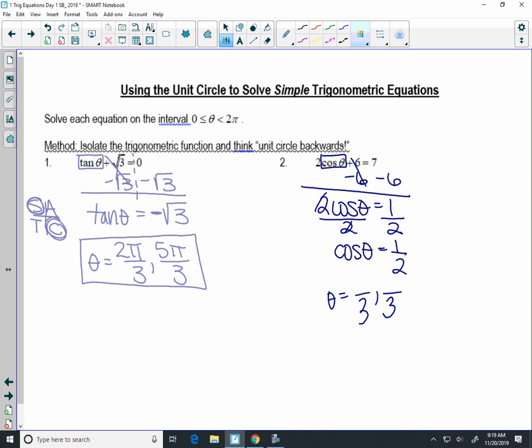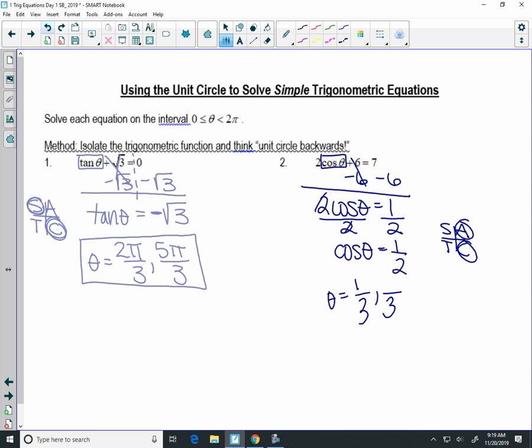Especially if we now take it to just the places where it's 1/2, it's going to be very repetitive. It's tricky for me to design problems where you're going to get some of the weirder answers. Okay, so cosine is positive then in quadrants 1 and 4.